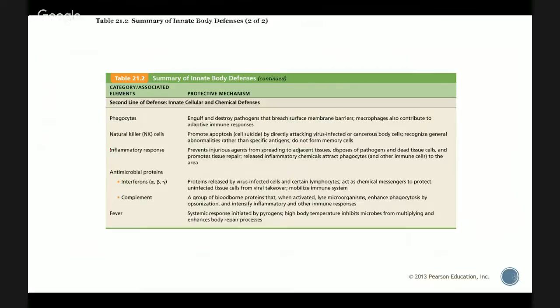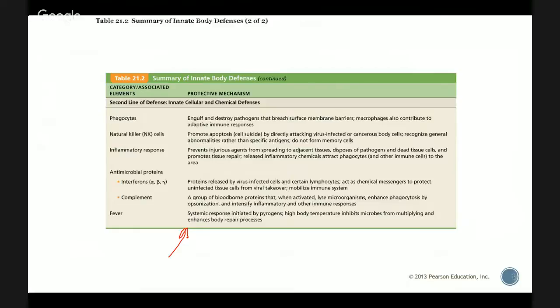Now let me jump down to fever, because we have it on the screen here first, and then we'll talk about the complement system next. But if you look in your notes, you'll see that we talk about fever right at the bottom of page 2. So we have something that's produced by the leukocytes and the macrophages called pyrogens.